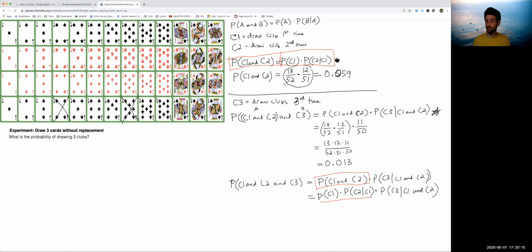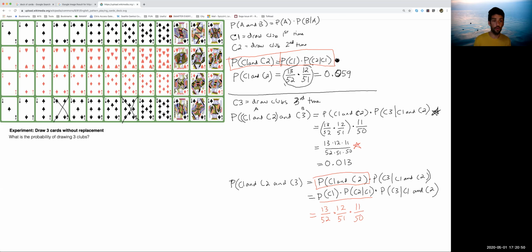I just multiplied the probability of getting clubs the first time, that's 13 out of 52, times the probability of getting clubs the second time if I got clubs the first time. And then I multiplied it by the probability of getting clubs the third time if I got clubs the first and second time. And notice that's exactly what we had worked out right up here.